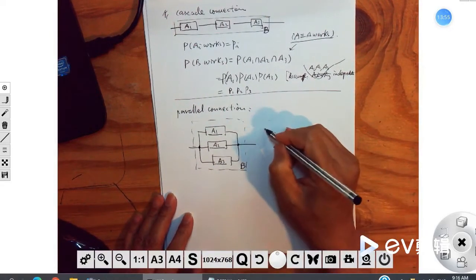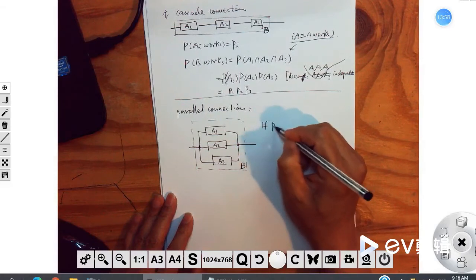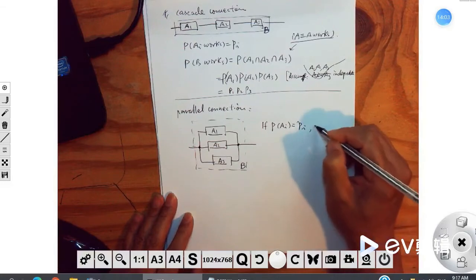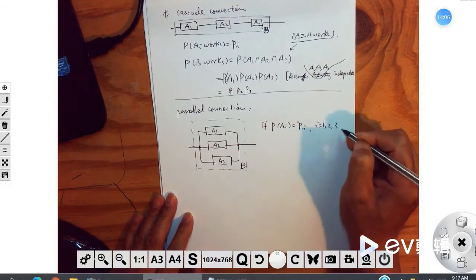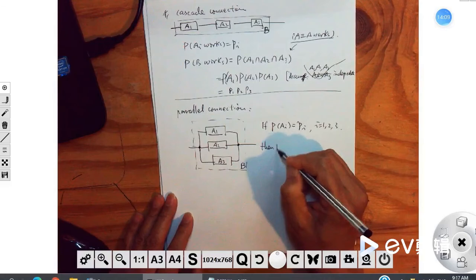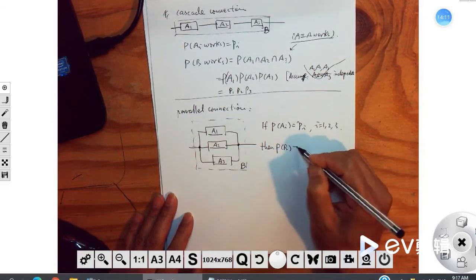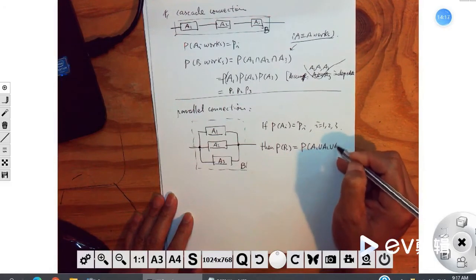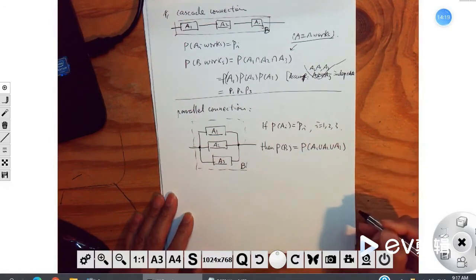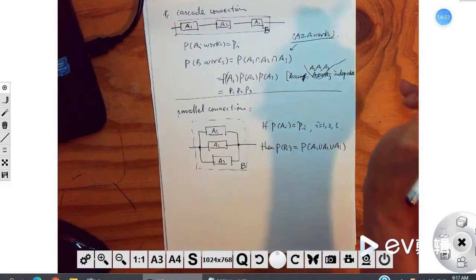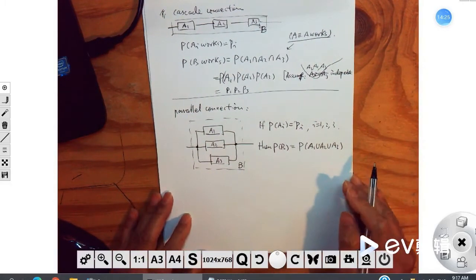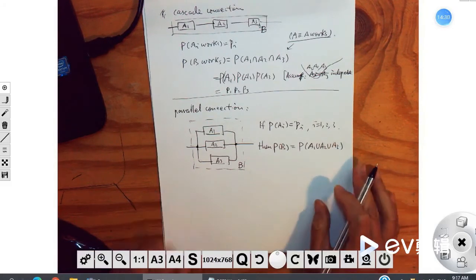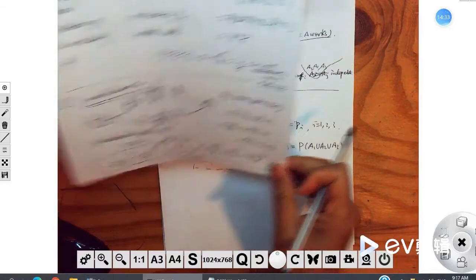Then, if P(Ai) equal to Pi, i equal to 1, 2, and 3, then the probability of B will be the union of them. Right. The union of them. Then what is the probability of this? If you use the formula looks like this one, we have used this, right?